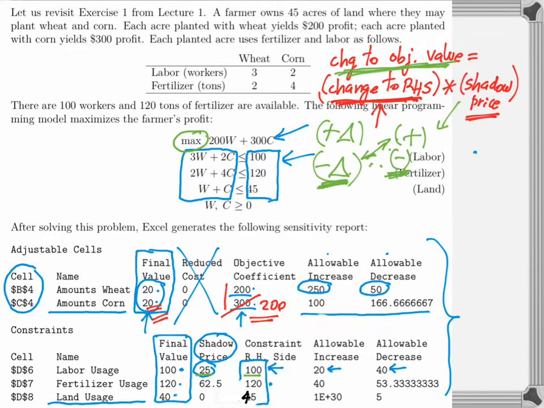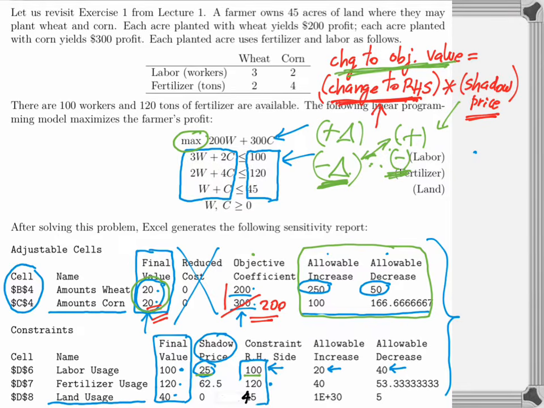Now, an important thing that is also a source of confusion: in the variable table, if the change I am proposing to objective coefficients is within the allowable amounts, the conclusion is the current solution stays the same.